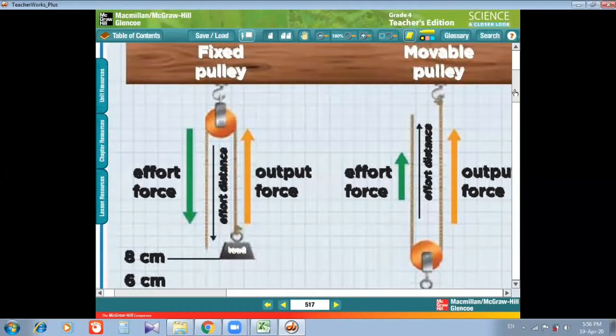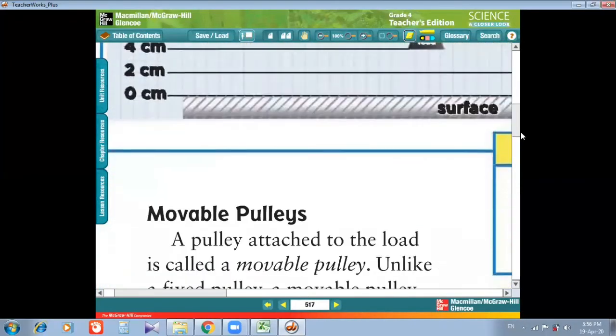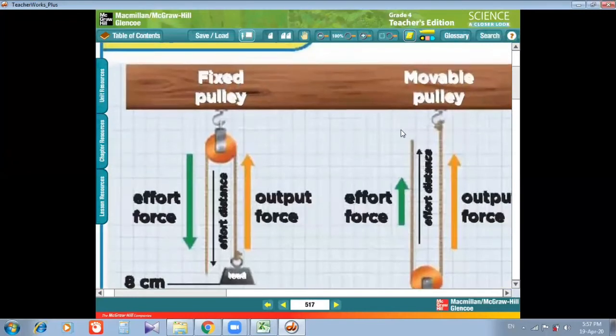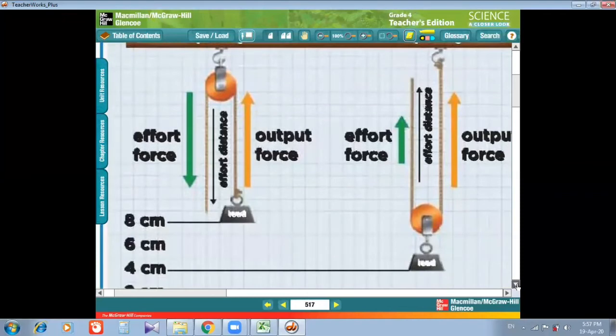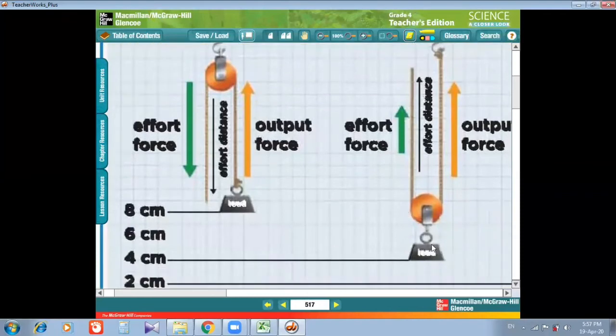Okay, now we have the movable pulleys. This is the picture of the movable pulley. Again, there is a hook. We just fix one end of the rope. We just tie it over here, and in the movable pulley, the pulley is attached to the load. See, this is the pulley. It is attached with the load.